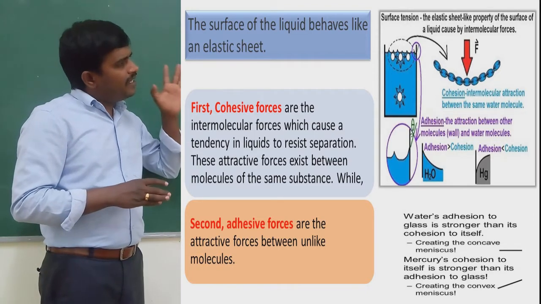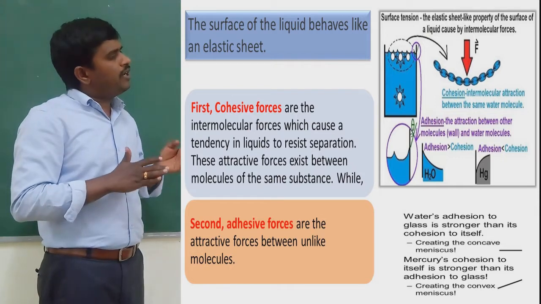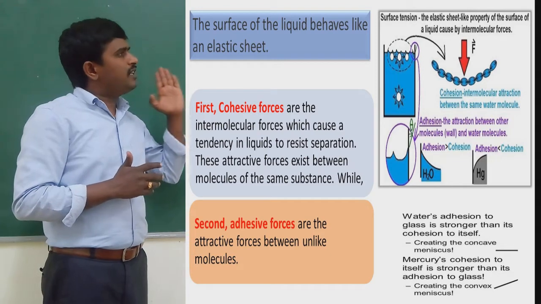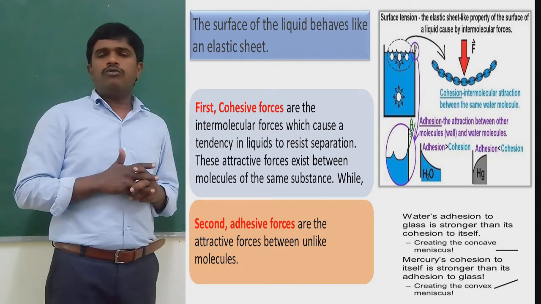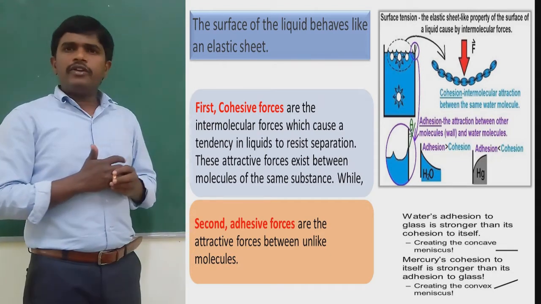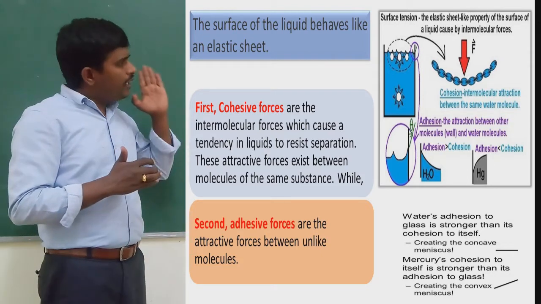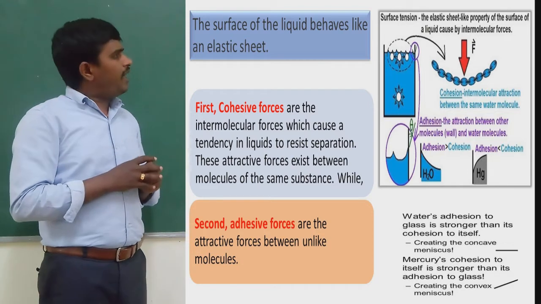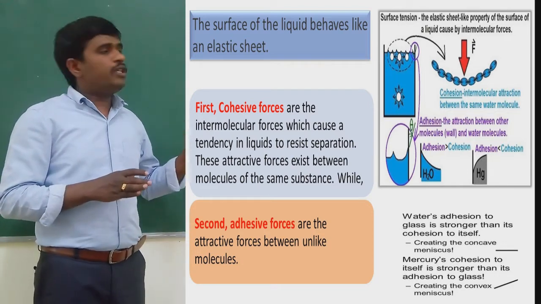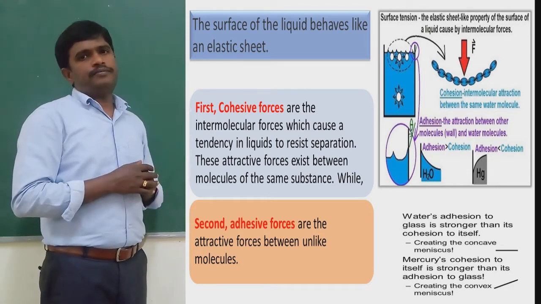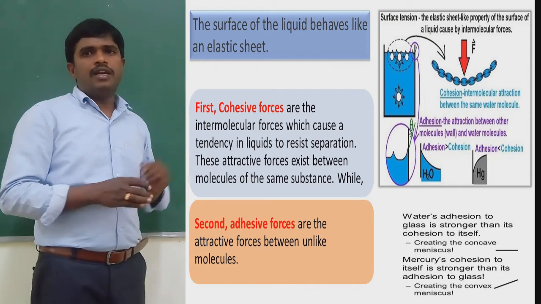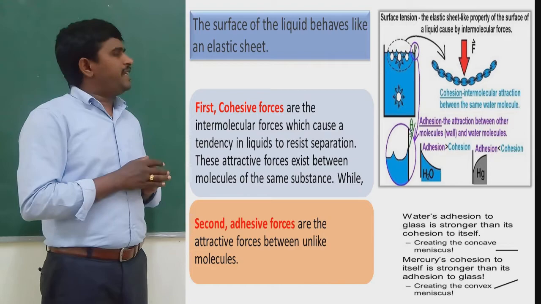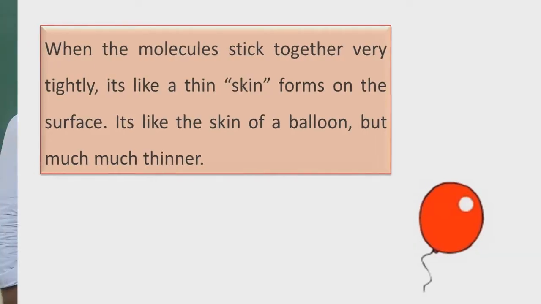The beaker contains mercury, and the shape of the mercury in the beaker is different from that of the water. See what happened here? Mercury's cohesion to itself is stronger than the adhesion to the glass. That means it creates the convex meniscus.